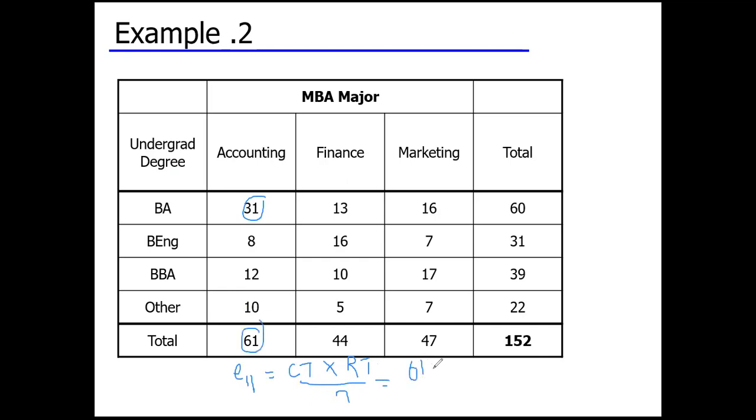You multiply by the row total, which is 60, over the value of N, 152. What is the answer, rounded off to 4 decimal places? 24.0878, which is 24.08 to two places... yes, 24.09 after rounding.